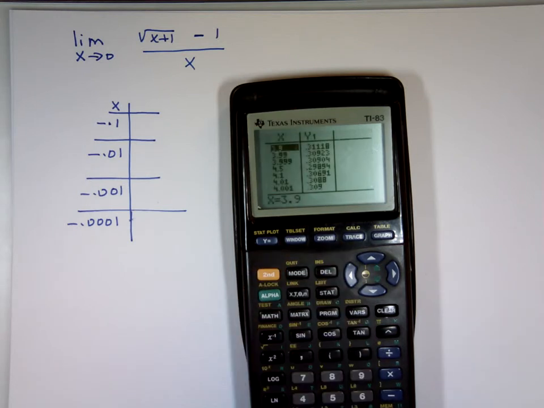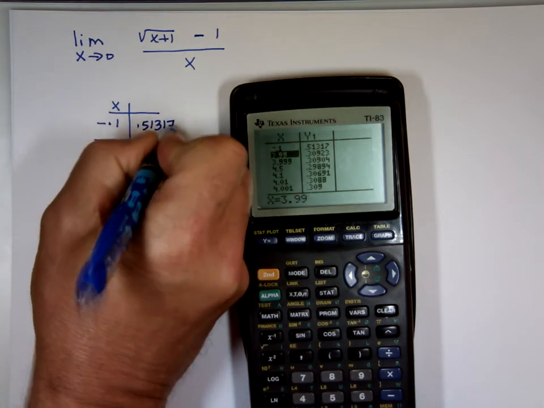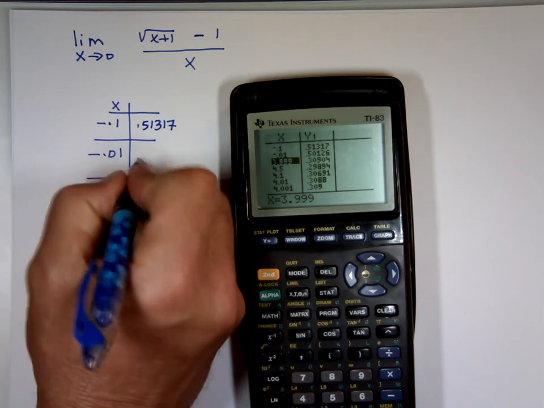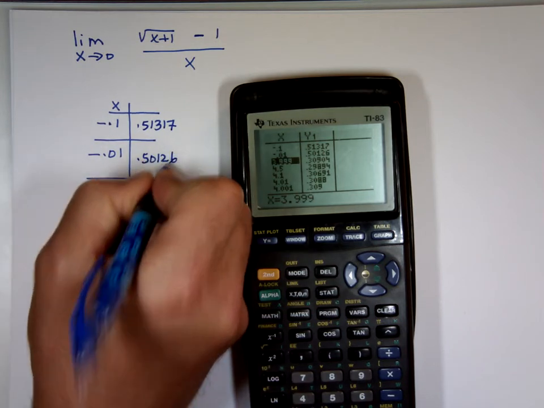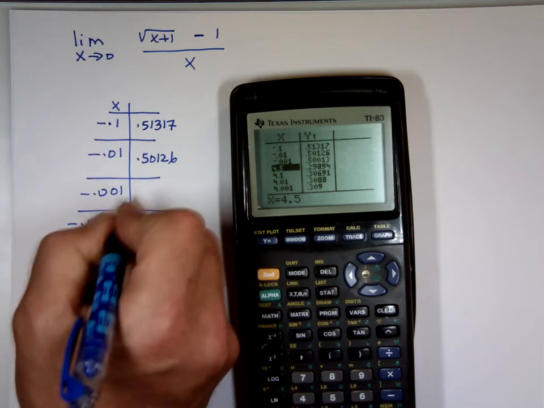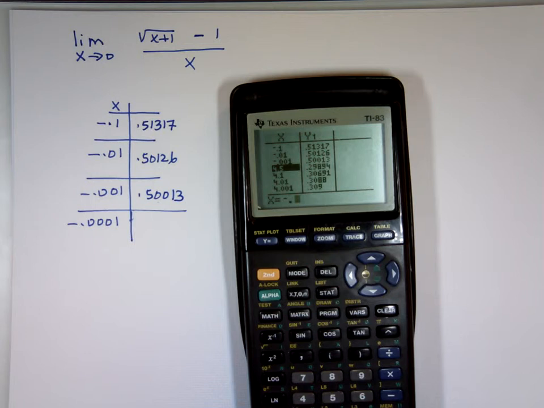You want it for -0.1, hit enter, and there's the answer. 0.51317. -0.01, enter. 0.50126. -0.001, enter. 0.50013. -0.0001.